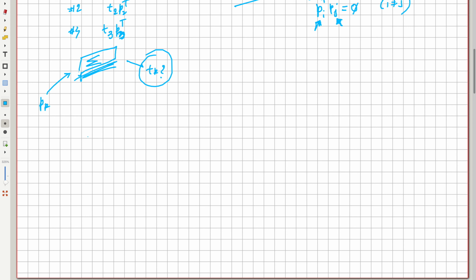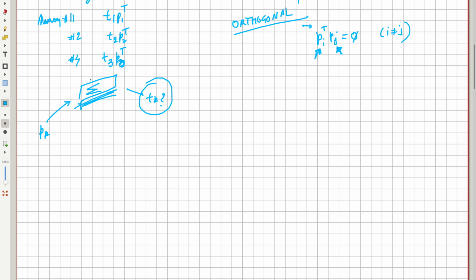Because this pk that we have would match with something that's already in there, and we can check that by looking at the dot product, as we saw, with pq that's already in there.